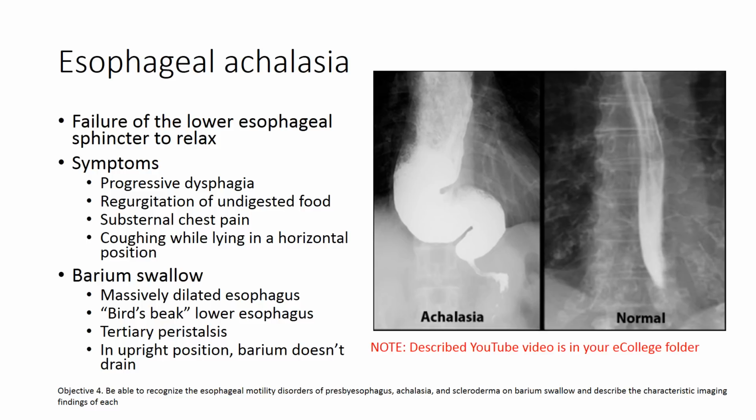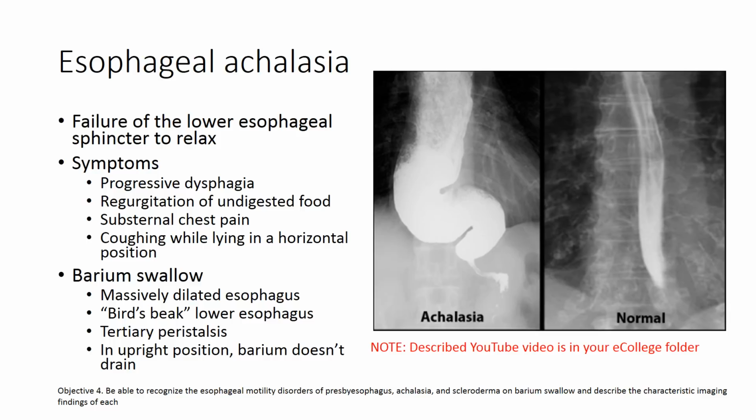Initially, no barium gets through at all. Finally, we'll see a little bit of barium getting through, but that lower esophageal sphincter is very tight, very small, and the barium will sit in the esophagus. And in fact, patients who have had this for a long time, their upper esophagus just gets stretched out and it can become massively dilated.